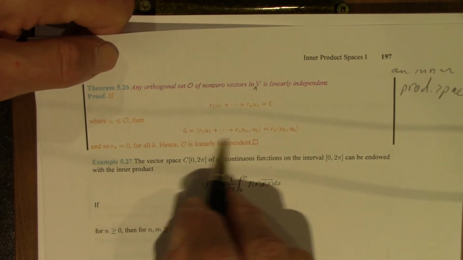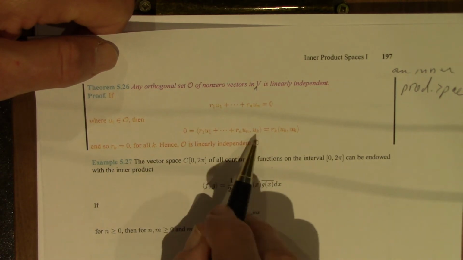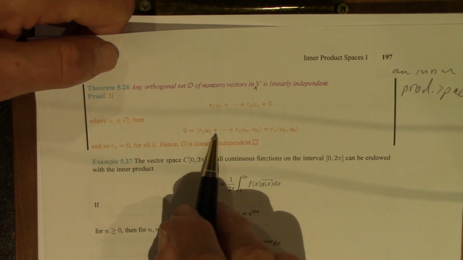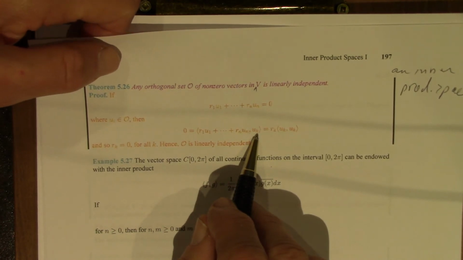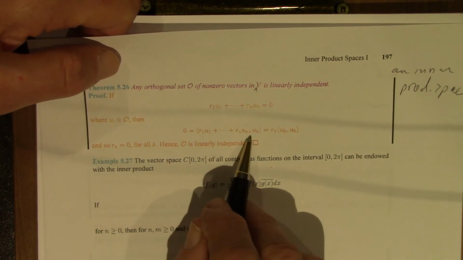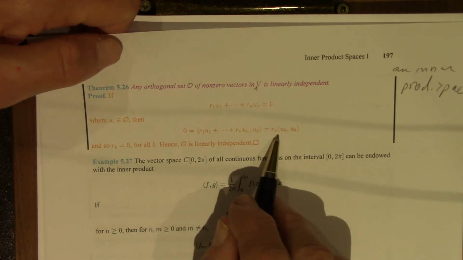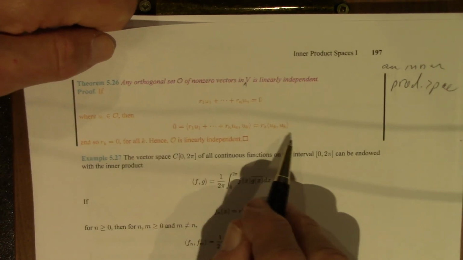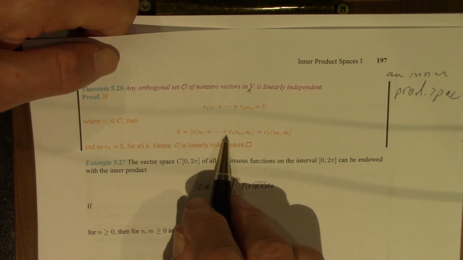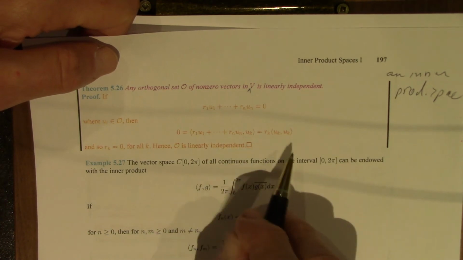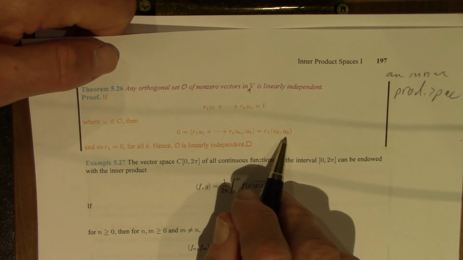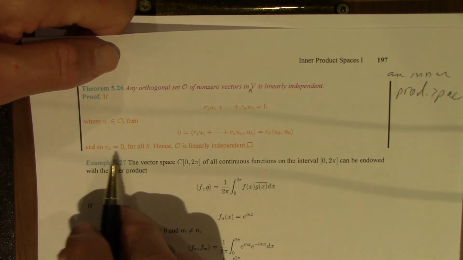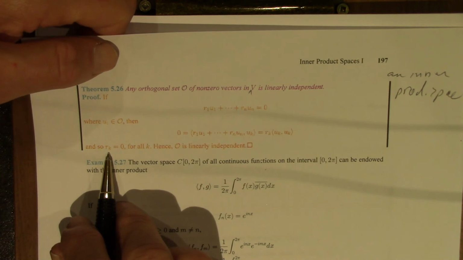When you expand this, the inner product of ui with uk is 0 unless i equals k, because this is an orthogonal set. So only one term survives the expansion. And since the inner product of uk with itself is positive, because uk is non-zero, all the coefficients must be 0.